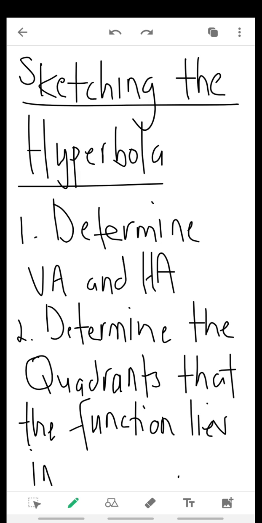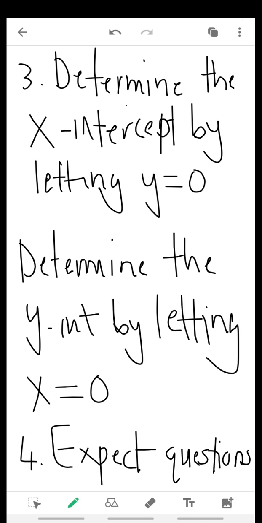And also next up, you must determine the quadrants in which your function lies, meaning look at the value and the sign of a. If a is positive, then your two-piece function will be in the first and the third quadrant of the asymptote. Then if a is negative, then your two-piece function will be in the second and the fourth quadrant of the asymptote. Then you must determine the x-intercept by letting y equal 0.